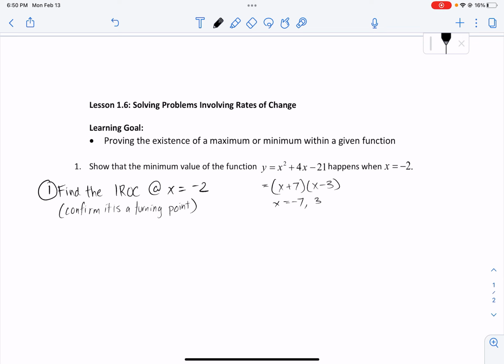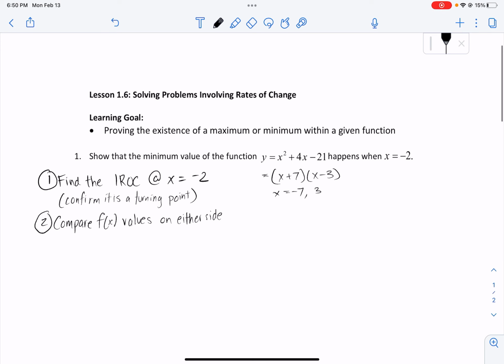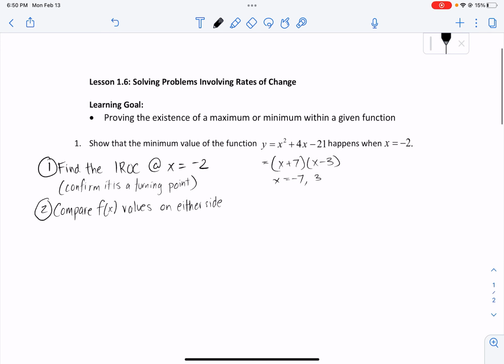Once we find that, we are going to compare f of x values on either side. I'll show you what I mean by this when we get there. So let's start by finding the instantaneous rate of change at negative 2.